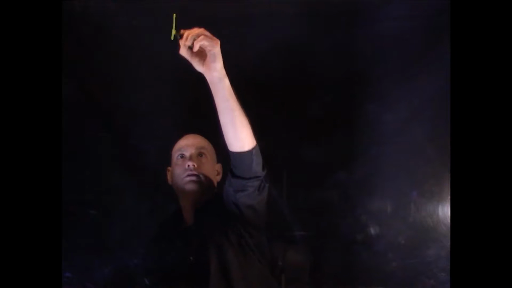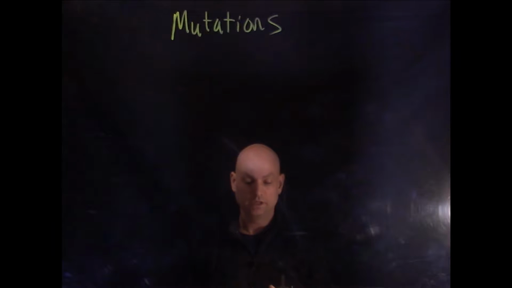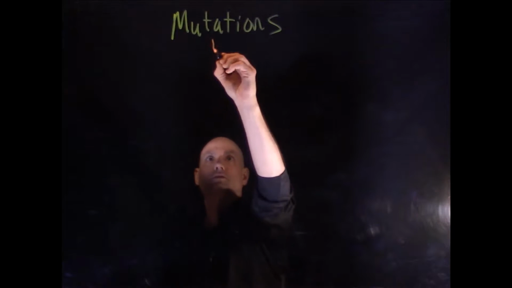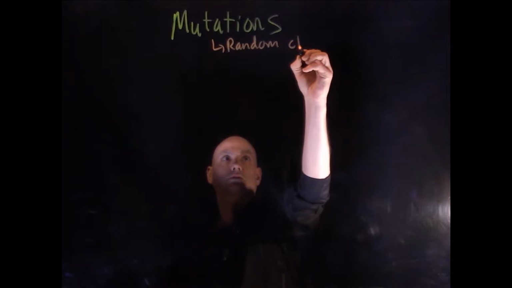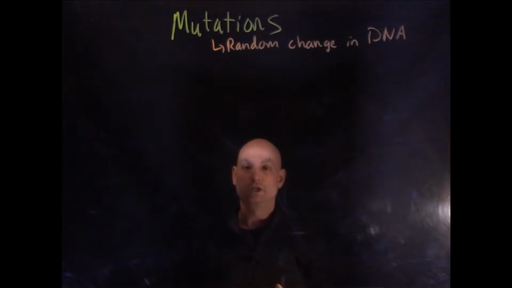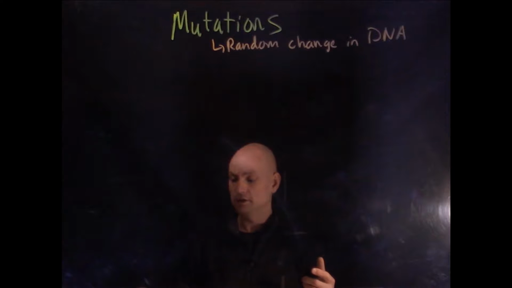Okay, this video is going to be on mutations. And mutations are really just a random change in DNA. So how and when can this kind of thing take place?